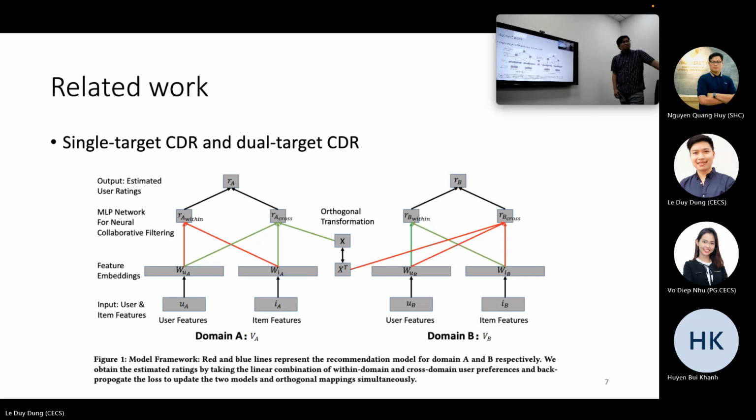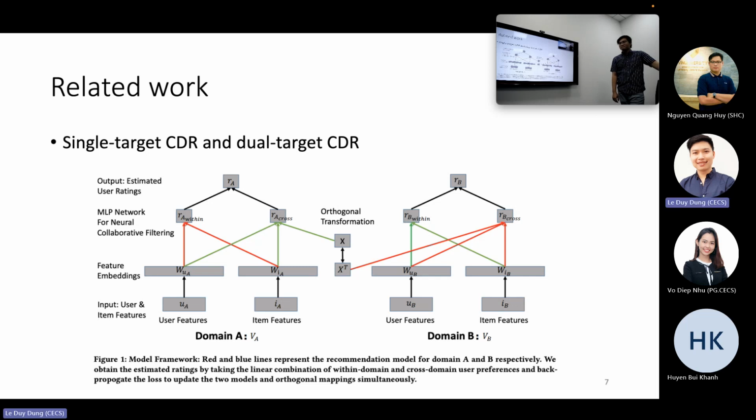Anyway, the idea of this dual target cross domain recommendation is that you need to first of all try to fit the model to the domain-specific ratings, right? And at the same time, you also need to fit the rating of the user in this domain, but for the item in the other domain, right?